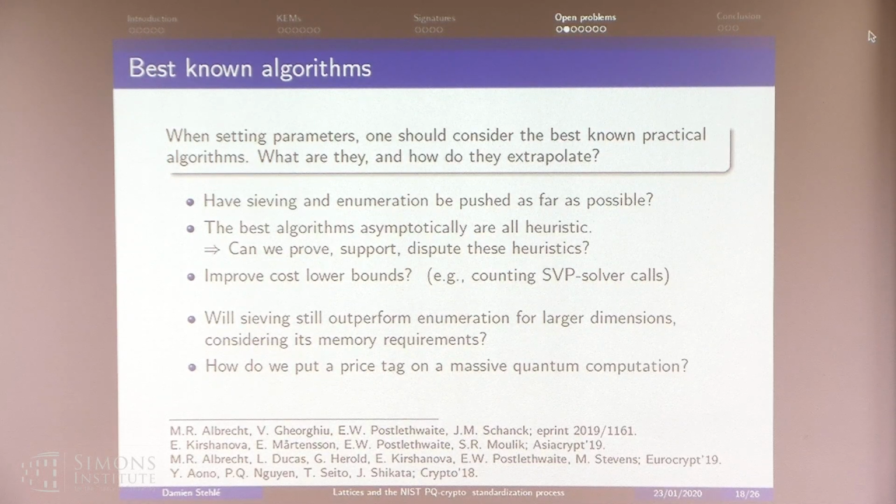And if it does, how do we measure the cost of that? And now, if we turn to quantum computations, how do we cost a massive quantum computation? I think that's also a very interesting line of questioning. And as far as I know, the picture is not so clear.